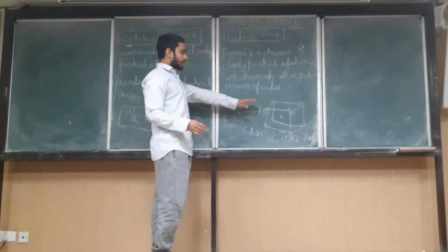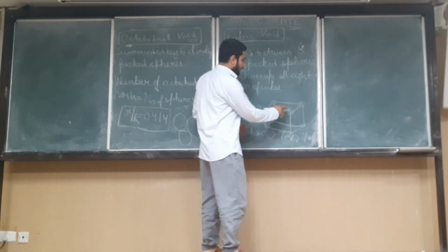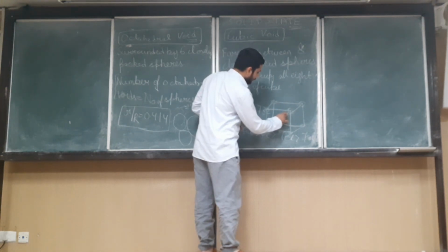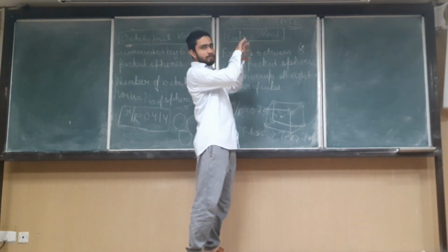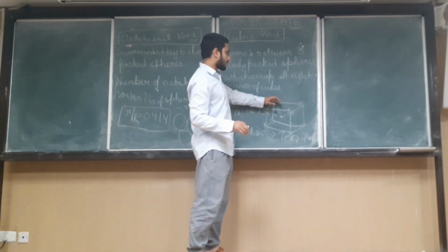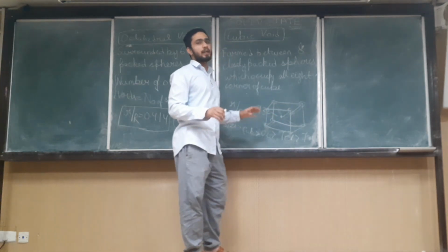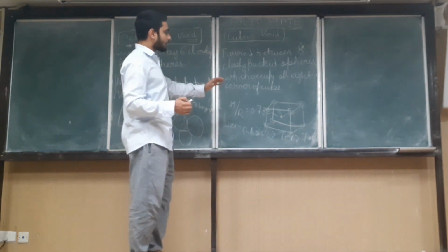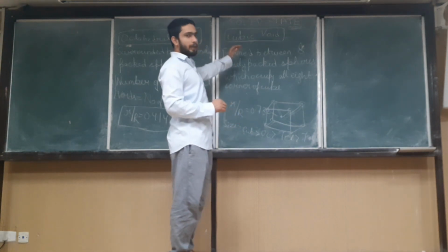These are the spheres which are present at the corners of the cube, and when they combine, suppose that some space is left here, some space here, some space here. Like this, when all atoms are placed at the corners of this cube, the space at the center which is left after the placement of these 8 spheres is called the cubic void.